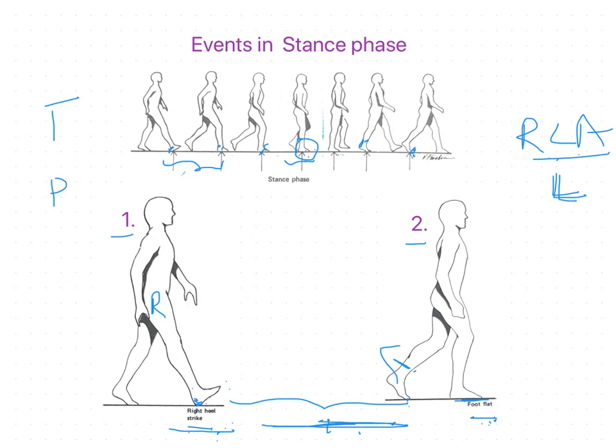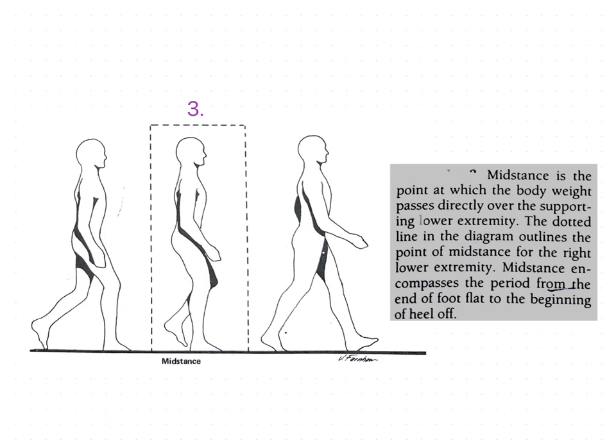Now we will move on to the next event, which is called mid stance. Mid stance is the point at which the body weight is directly over the supporting lower extremity.